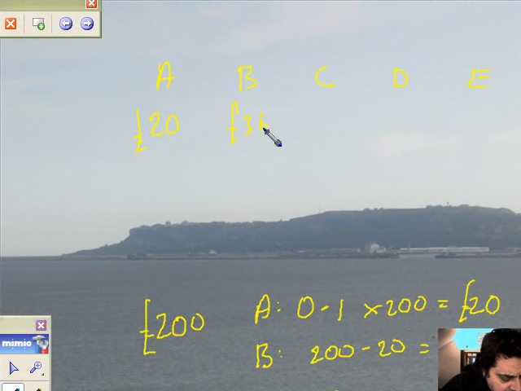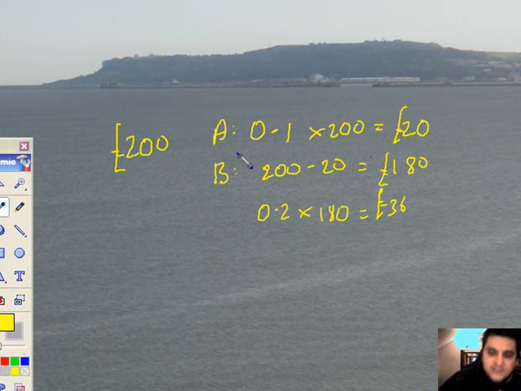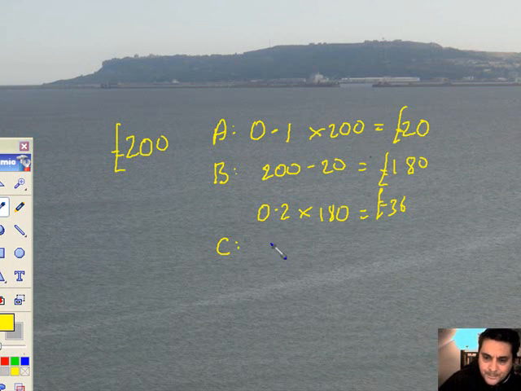What do we have next? Carrie gets 30% of what is left after Amy and Ben take their share. So what are we down to so far? We have the original £200. We take away Amy's 20, we take away Ben's 36.